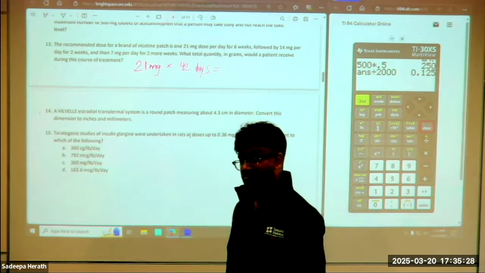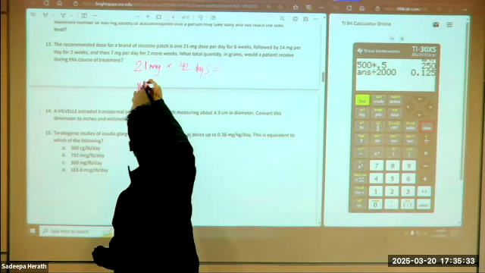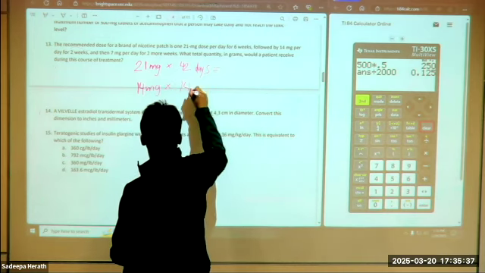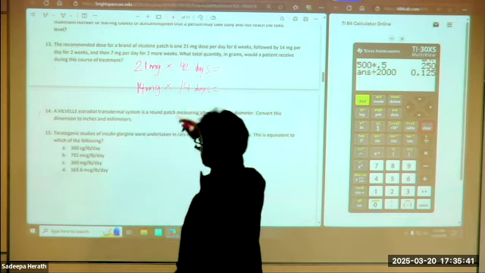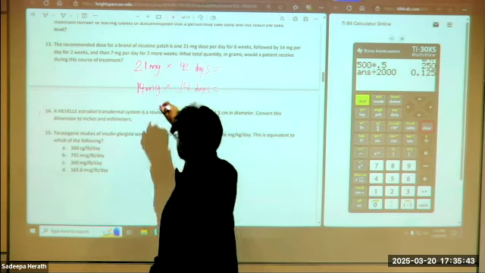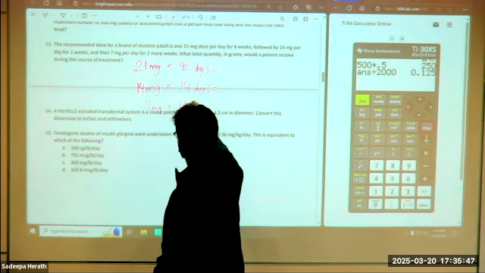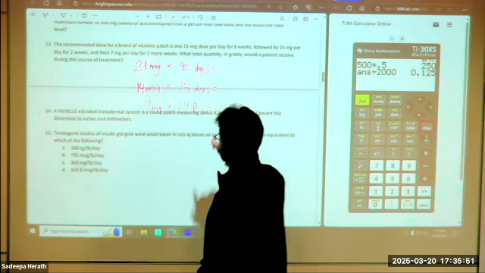14. I feel like I'm Dora. Okay, 14 milligrams times 14 days. And then 7 milligrams for another 14 days. Shorthand.